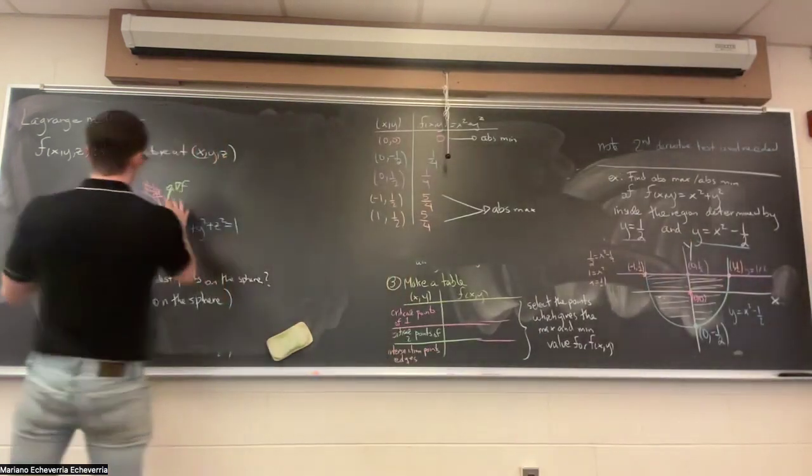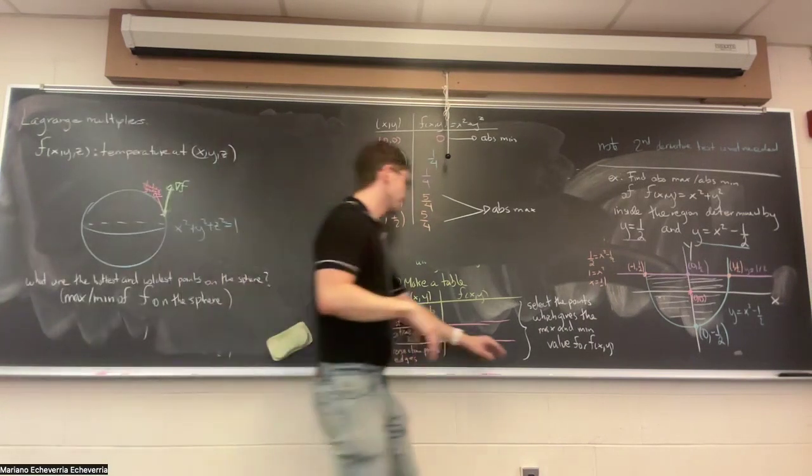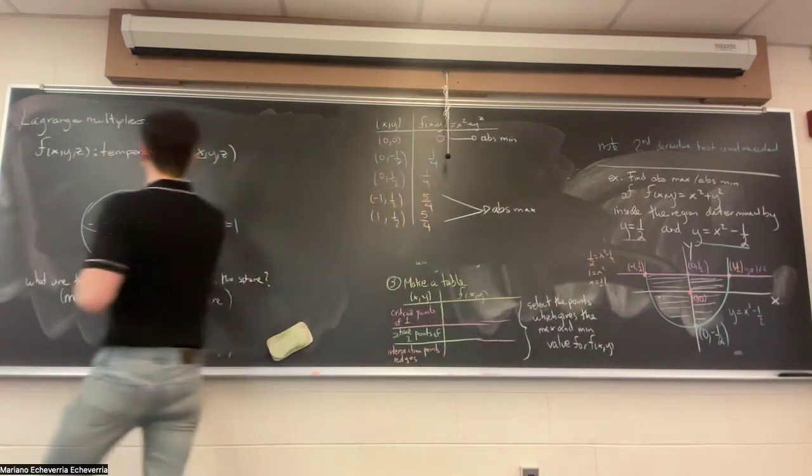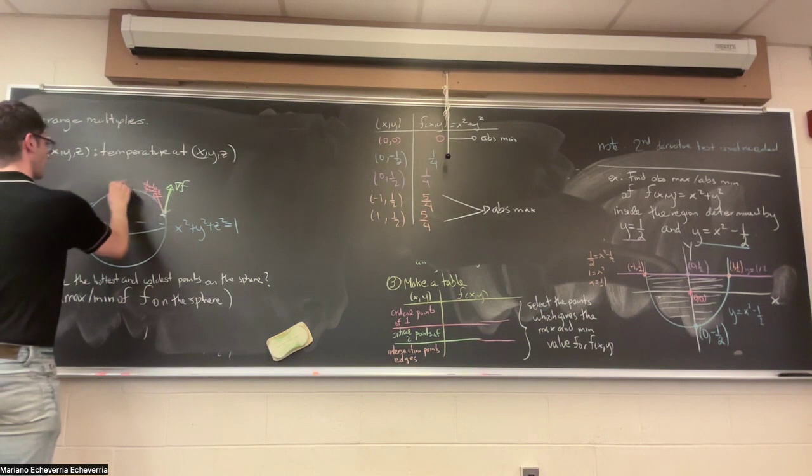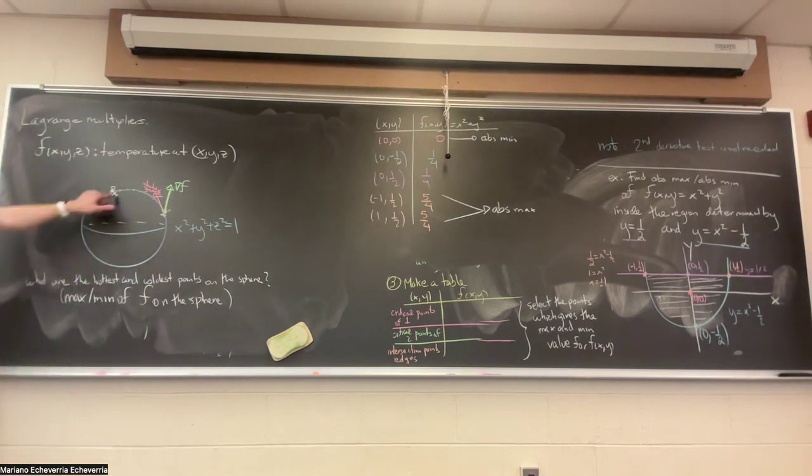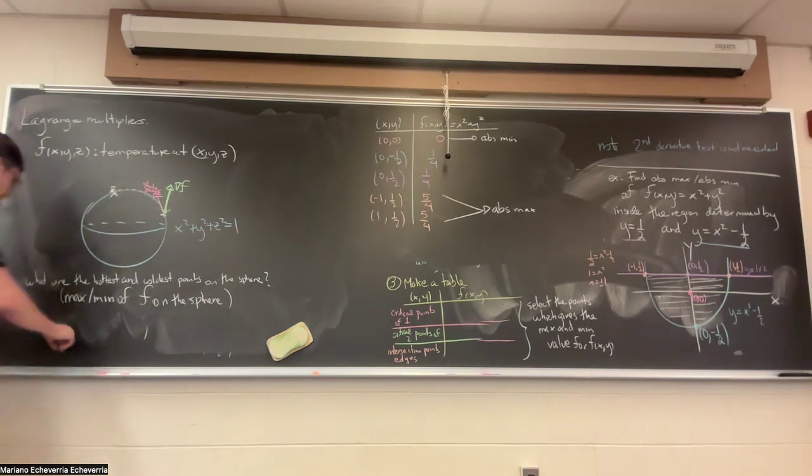So now you're happy, you start walking along the shadow. And then let's say that you got to the point that's the hottest point on the planet, right? So now we're here at the hottest point.